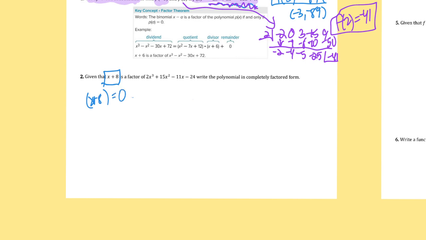So that would be -8 from both sides, so x is equal to -8. Okay, so the number you put in the box is -8. So if x plus 8 is the factor, -8 is the number you put in the box. And so then we got to write down these functions here. So we get the coefficients, the 15, the -11, and the -24.